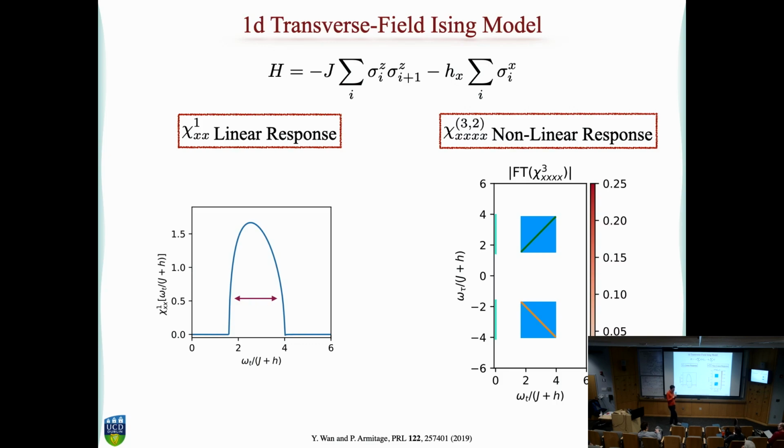The super trivial example would be a trivial paramagnet where the spins are all aligned along the same direction. You can have a process in which you go from a spin pointing this direction, you flip to the excited state, and you go back to the ground state. You can have another process in which you start with the spin this direction, you go to an excited state, and instead of going back to the ground state, somewhere else in the system you excite the system and then go back to the ground state.